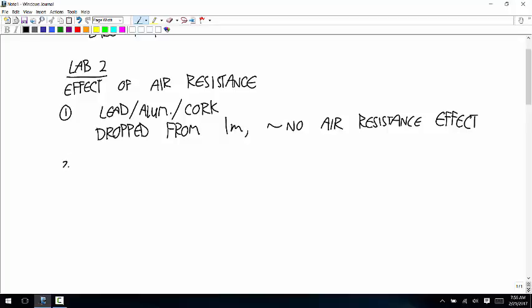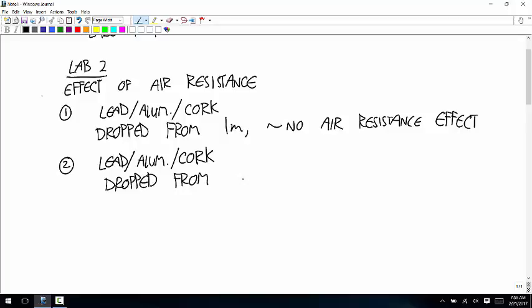And then those 3 things, when we dropped them from 10 meters, it still was a very minimal air resistance difference between the lead and the aluminum. The cork was a little bigger, but I think it was still pretty small. I don't remember exactly what it was.